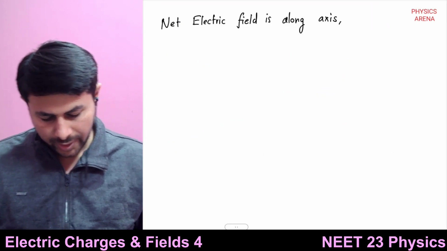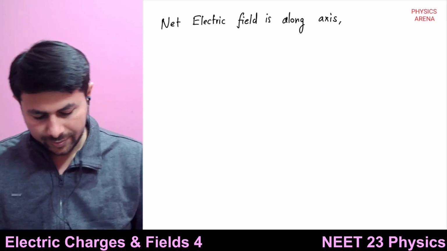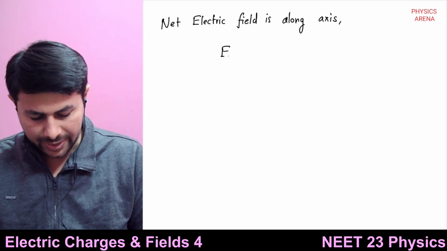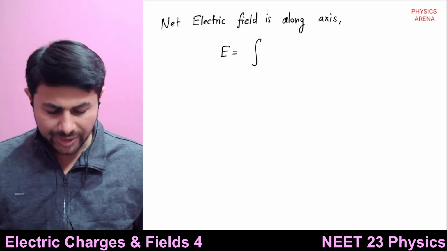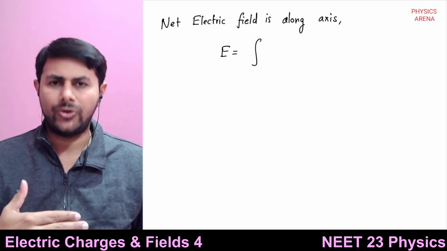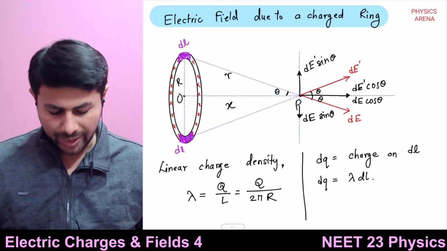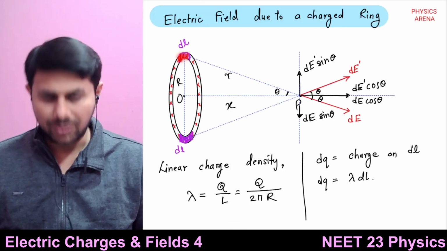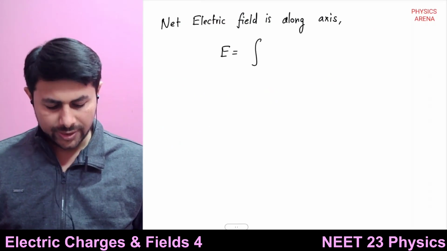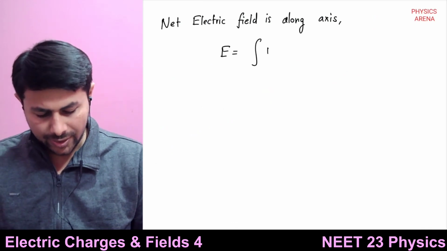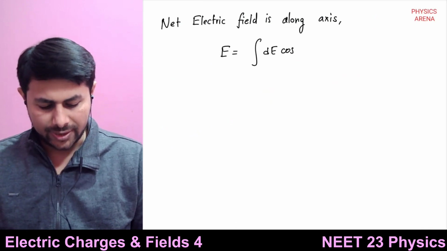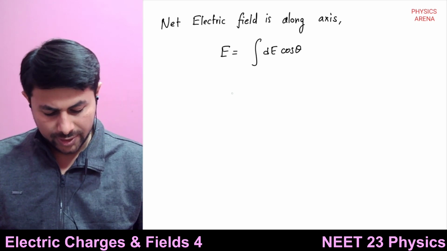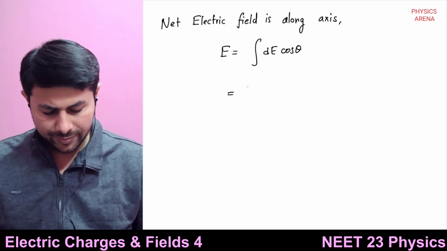Now, what would be the net electric field? We can say E is the net electric field. It is the summation of the axial components of the electric fields produced by all such length elements. So it is the integral of dE cos theta. And what is dE?